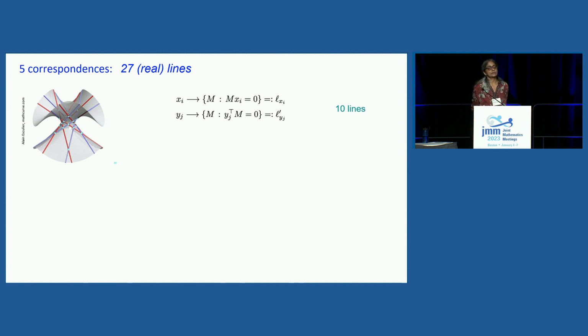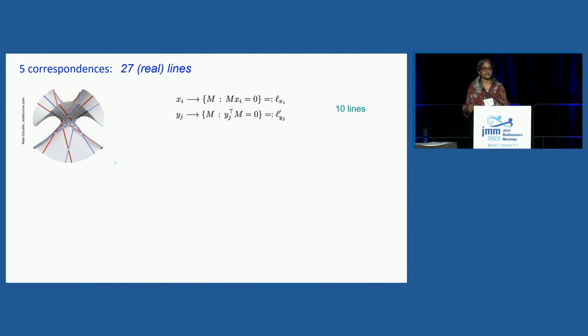And look at all the matrices that have xi in its right kernel. Okay? So if you do the dimension counting, you will see that this is actually a line on this cubic surface. So let's say it's one of the red lines that you see there. And similarly for the yj's, you can look at all the matrices that have yj in its left kernel. Those are also lines. Okay?